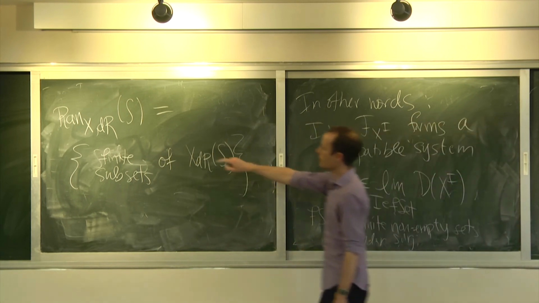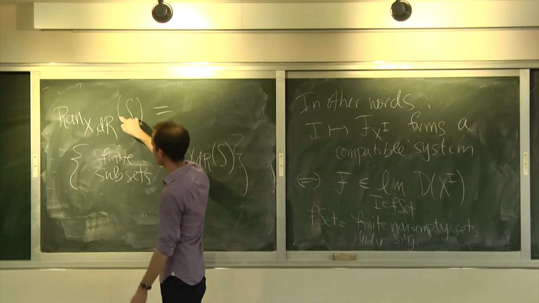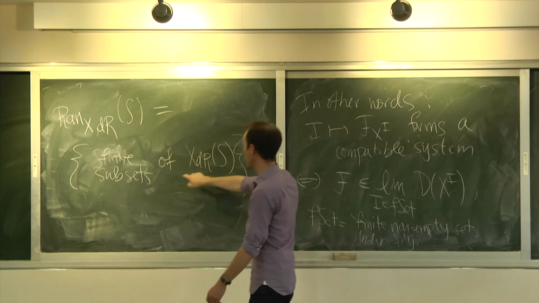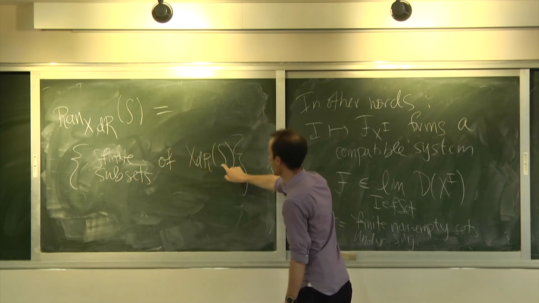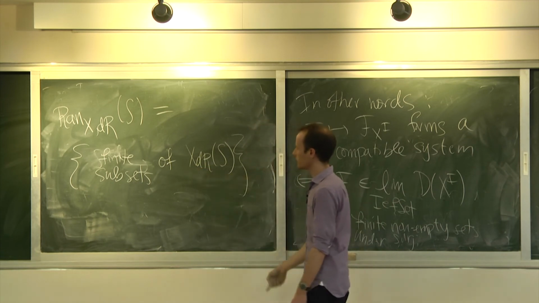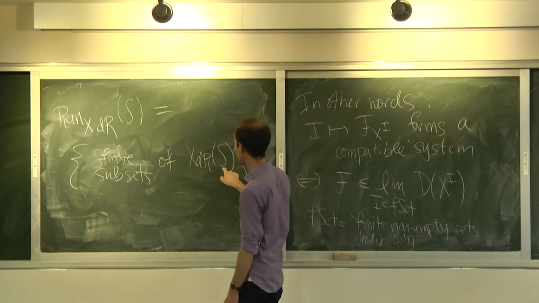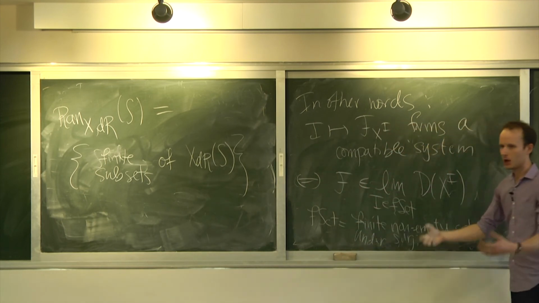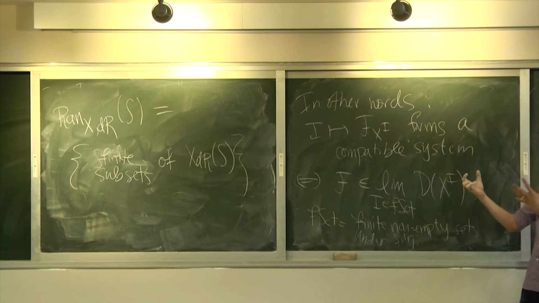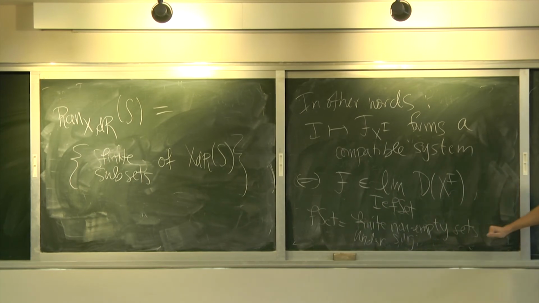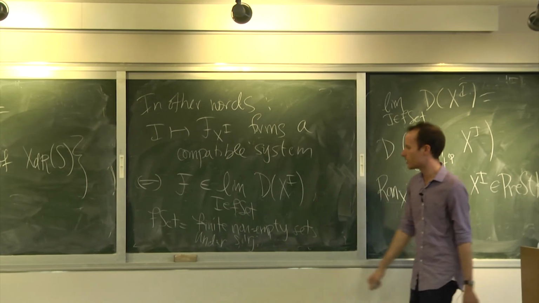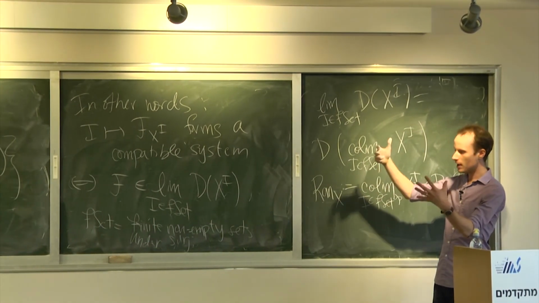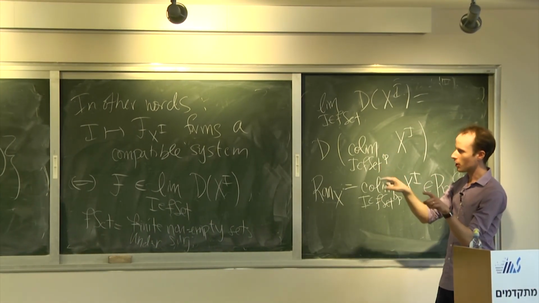The nice property is that the set of points of Ran space are just finite subsets of maps from S reduced to X. For example, if S is Spec K, then the physical points of Ran space are just finite subsets of the curve. This is some weird algebraic geometric object that allows us to talk about sheaves that are continuous.